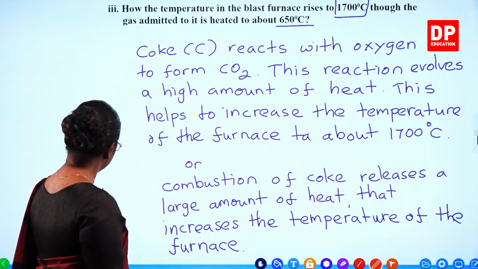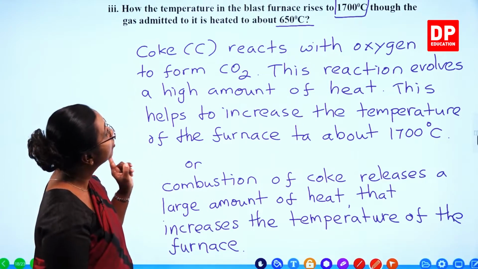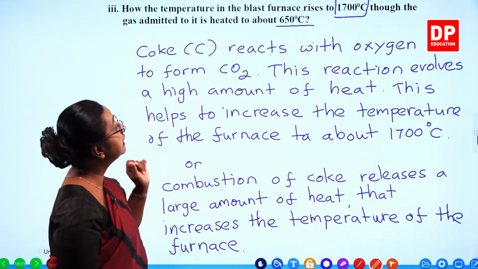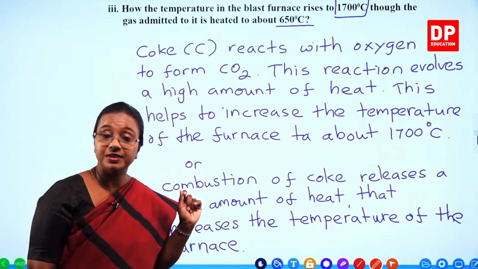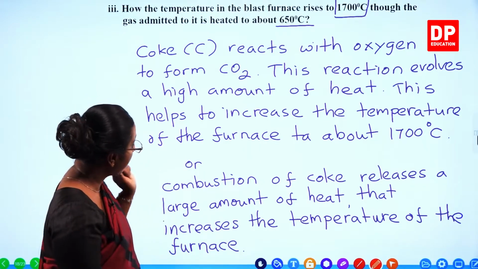So either way you can explain how the temperature goes up to 1700 degrees Celsius, although the hot air blast is only about 650 degrees Celsius. So that is the purpose of using carbon coke.